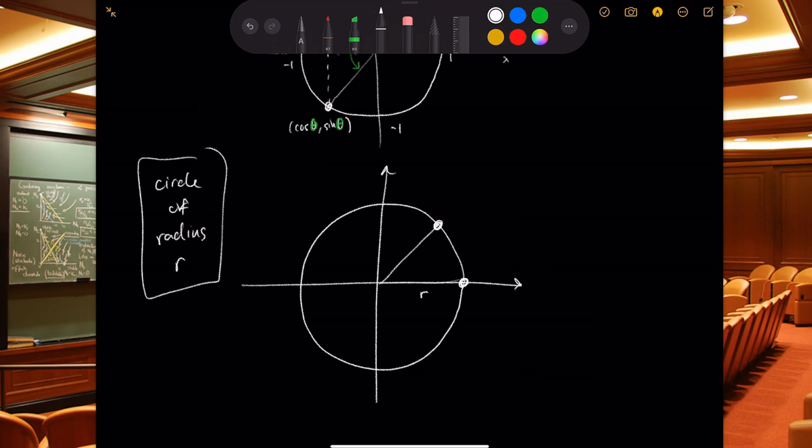Could be 50, could be 10 billion, doesn't matter. That makes this radius r, which makes this point x, y equal to r times cos of theta, r times sine of theta, right, where this is my angle of rotation. So r scales up the unit circle, whatever that radius might be.